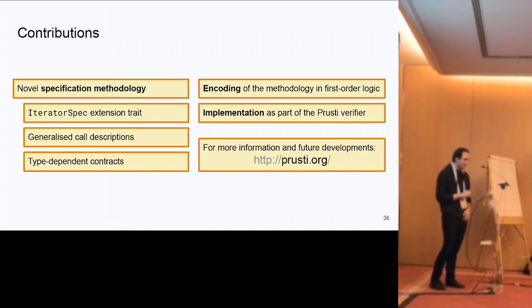Yeah. So all the ingredients of the methodology that are presented in the IteratorSpec trait are marked pure in Prusti, which means they should be side-effect free, deterministic, the usual stuff. But they're still Rust code. You could run them, but they're also suitable for use in specifications. For the existential quantifier, the solution we have is basically called ghost sequences.